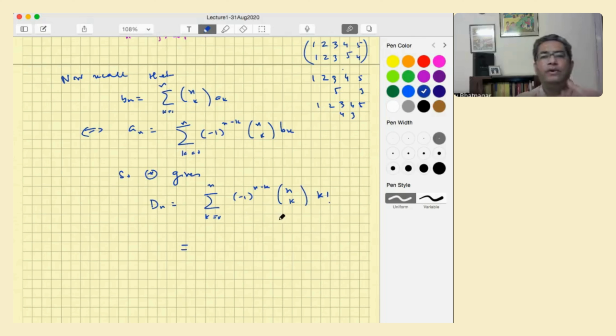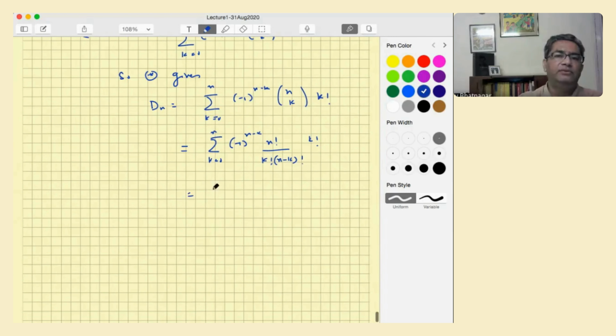Okay, so let's simplify. Minus 1 raised to n minus k, n factorial over k factorial, n minus k factorial, times k factorial. So we get n factorial, sum for k going from 0 to n, minus 1 raised to n minus k over n minus k factorial.